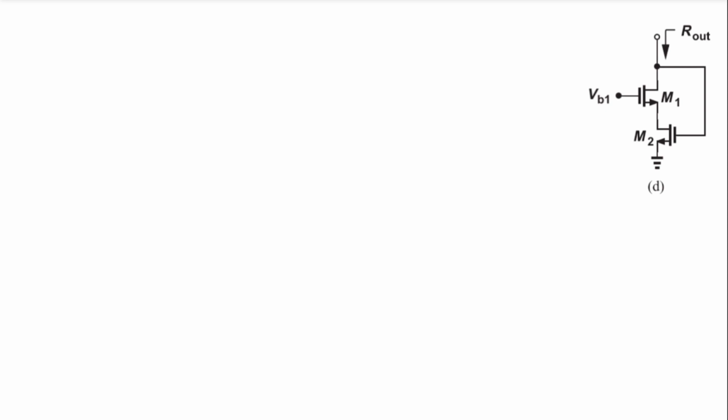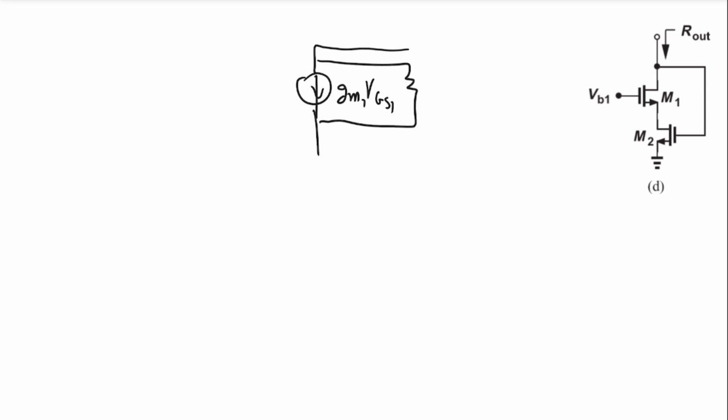For circuit D, it's better to do the pi model so we can get a better vision of the circuit. We have the first transistor gm1 Vgs1 with ro1, and the second transistor gm2 Vgs2 with ro2.